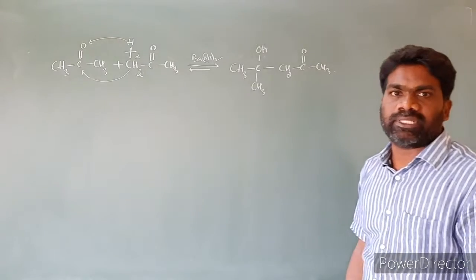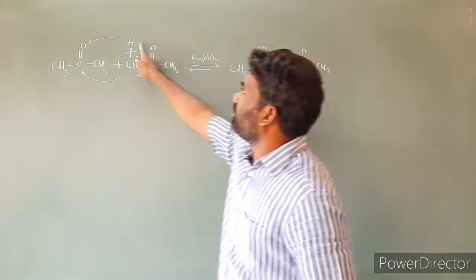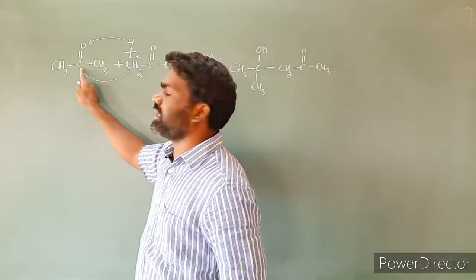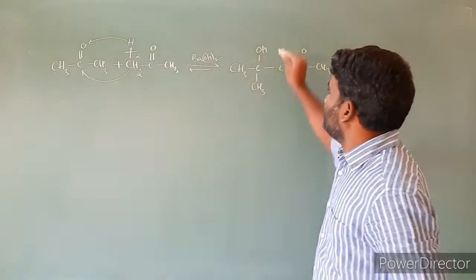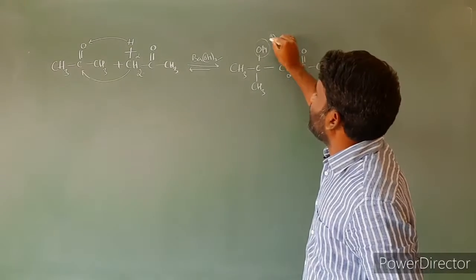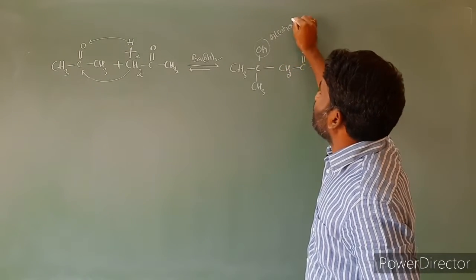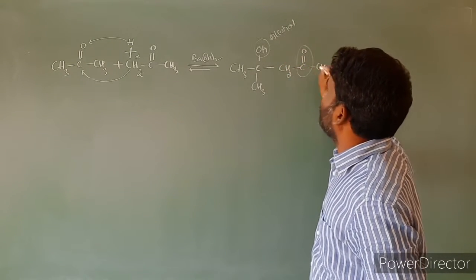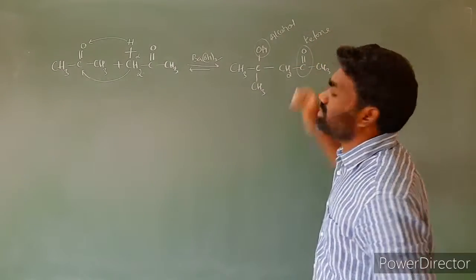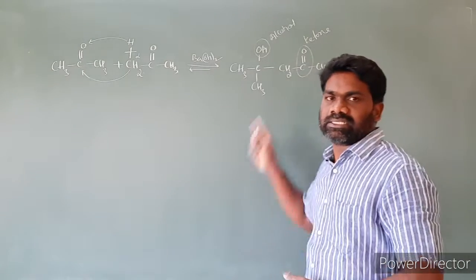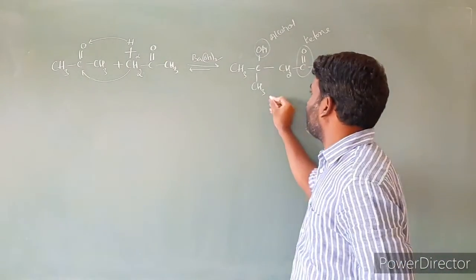This is the product formed in this reaction. Simple: this hydrogen joined here, this carbon joined here, and I wrote the product. The OH group we call alcohol, and the C double bond O group, both attached to carbon, we call a ketone. In the previous case we called it aldol, but in this case, with the ketone group, we call it ketol.